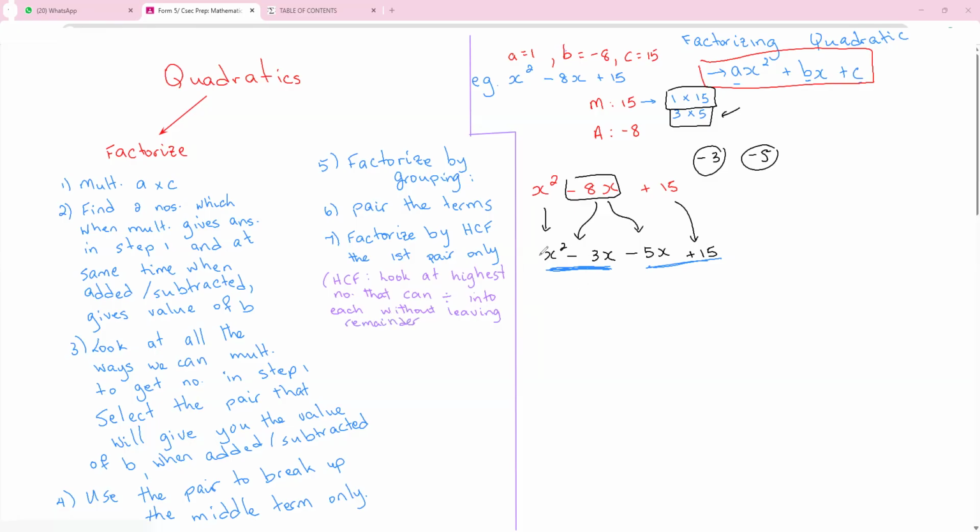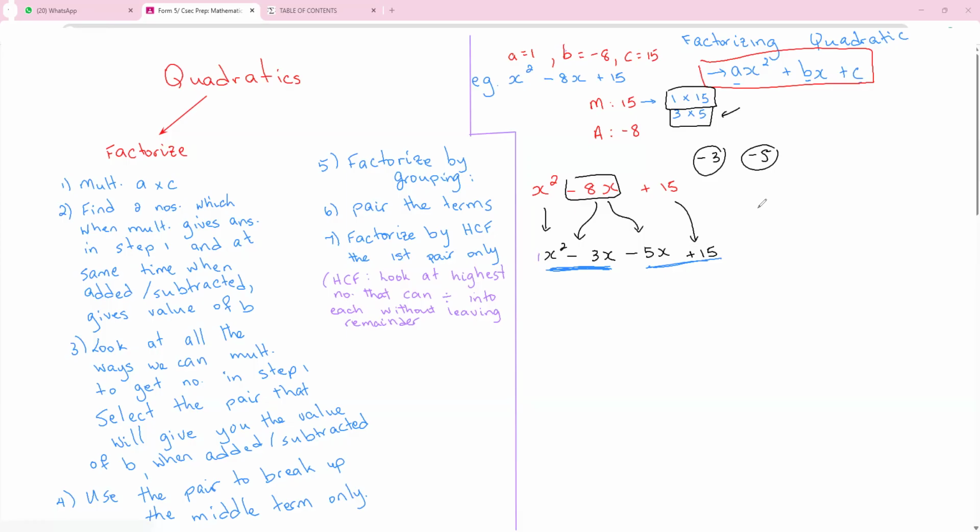So I have 1 and 3. So the highest number that will be able to divide into each of them will be 1.